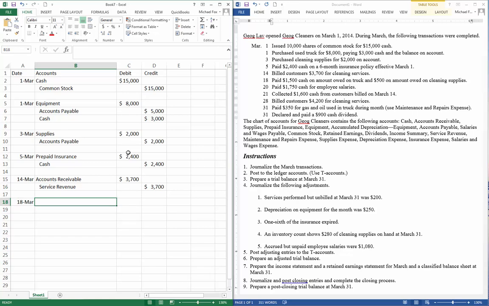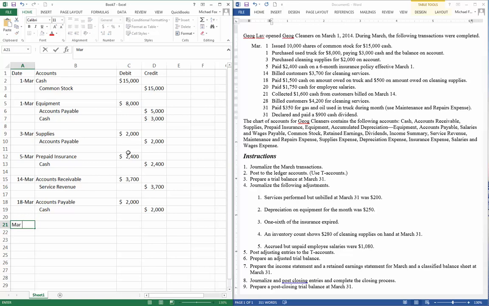March 18th, paid $1,500 cash on amount owed on the truck and $500 on amount owed on cleaning supplies. So we'll show our accounts payable going down. Remember, that's a liability, so it decreases with a debit by 2,000. And our cash going down by 2,000.